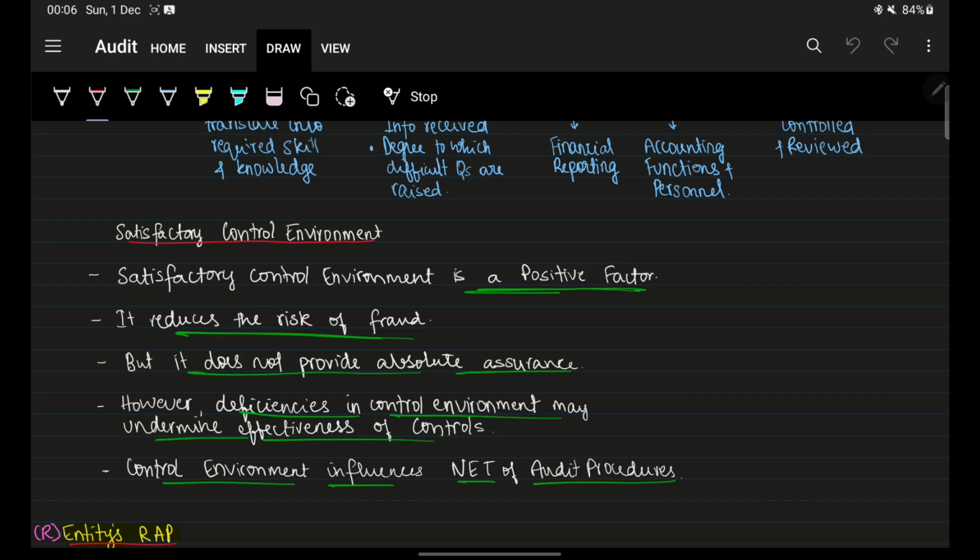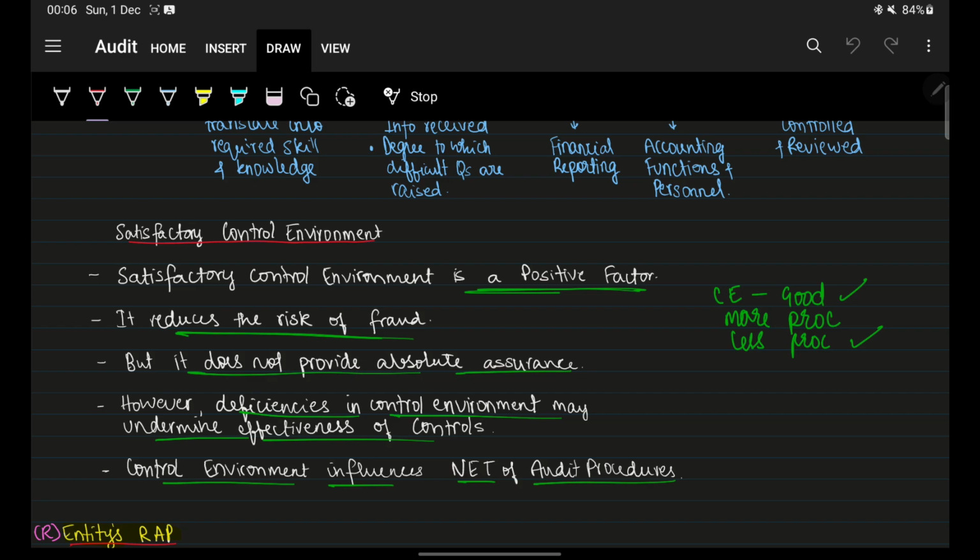Okay, how is it going to affect? Very simple. If control environment is good, will you do more procedures or less procedures? If control environment is good, then obviously I will do less procedures. I will not do more procedures.